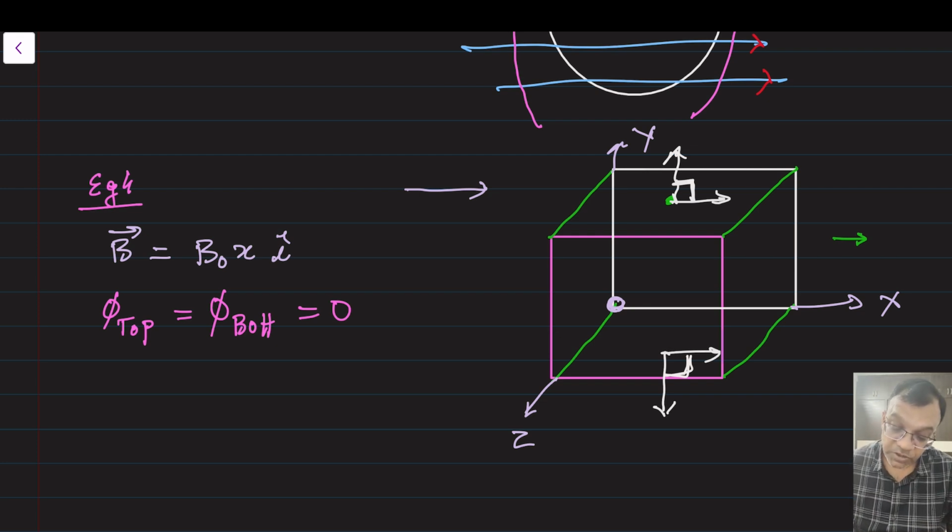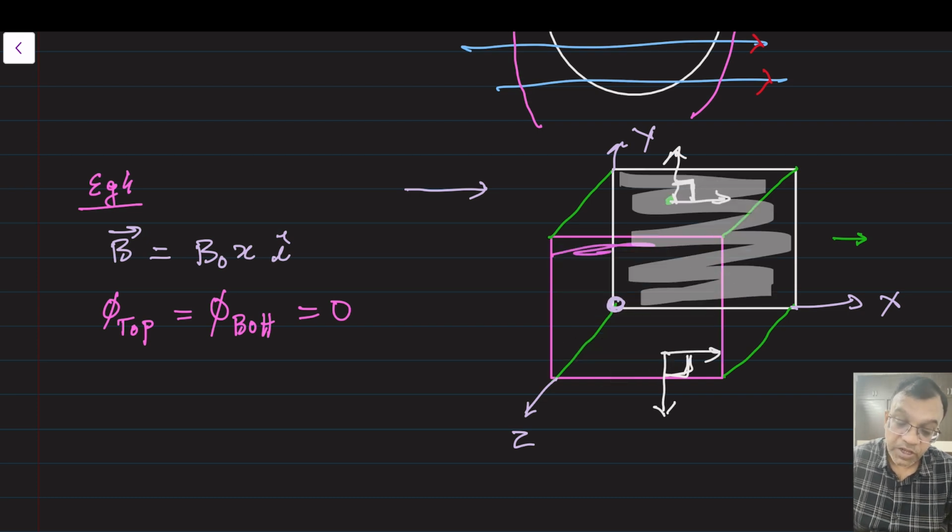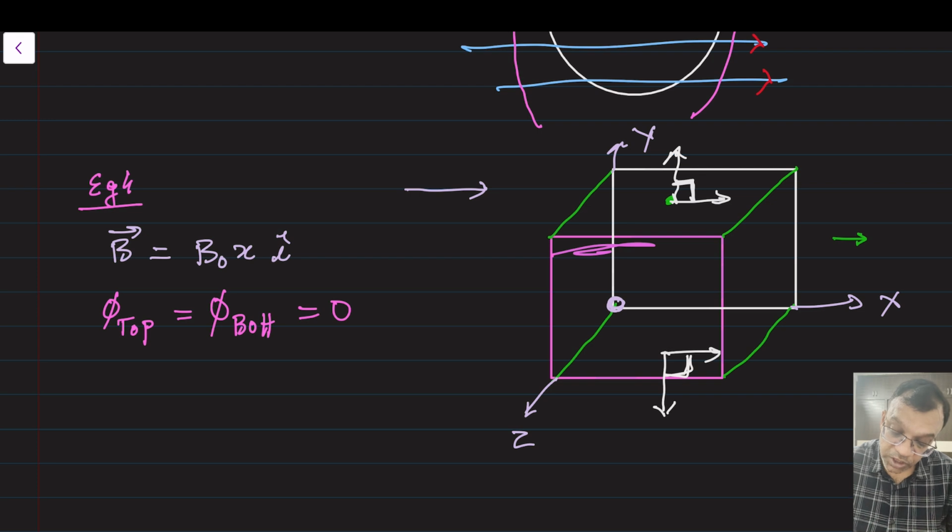Now you see the front face and the backward face. The area vector for these two is parallel to the z-axis, but the magnetic field is along the x-axis.